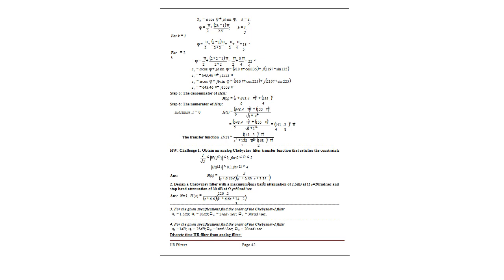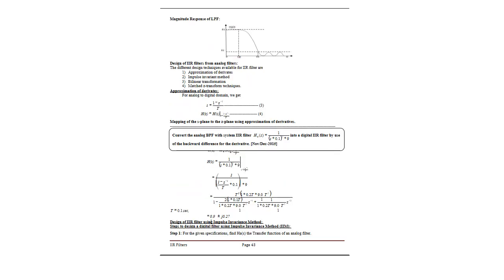After substituting all the values, we get the transfer function H of s equal to (141.3) squared pi squared by s squared plus 128 pi s plus 168 squared pi squared. So these will be the values.